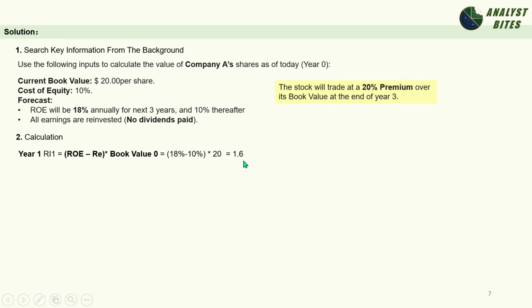Now here is the tricky part. How do we get RI2? We still need book value at year 1. Do not use the long base method here. It's too slow. Look at this sentence. All earnings are reinvested. This means dividends are 0. Here is a speed tip.